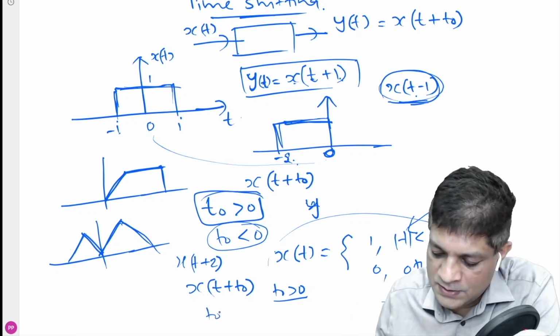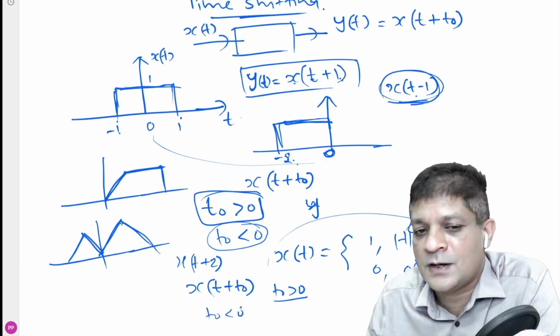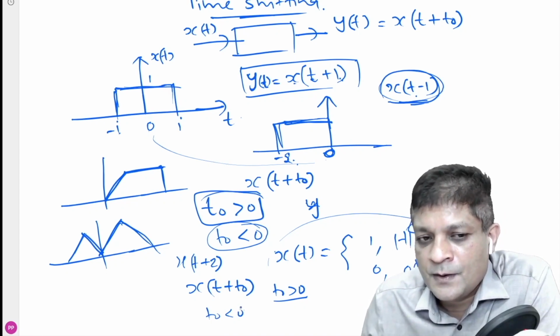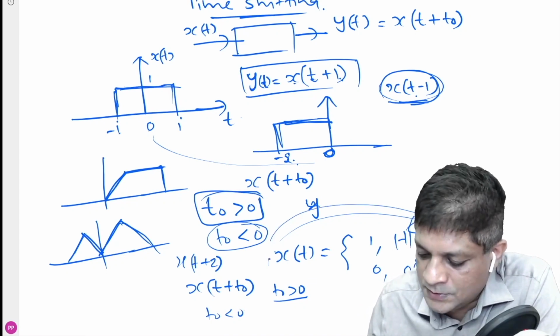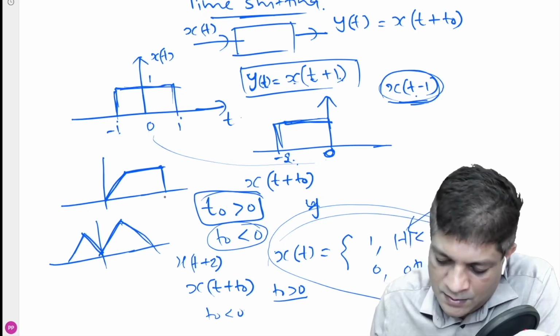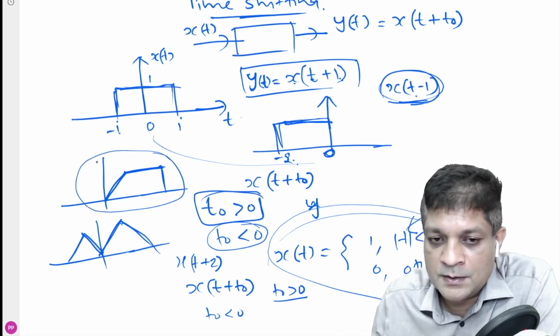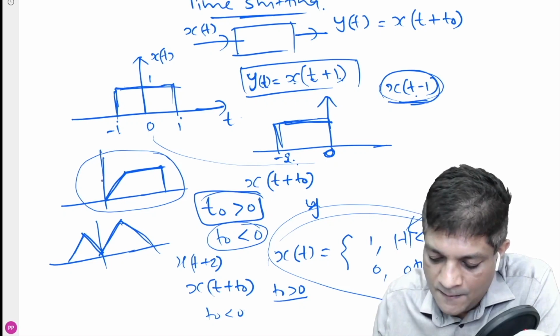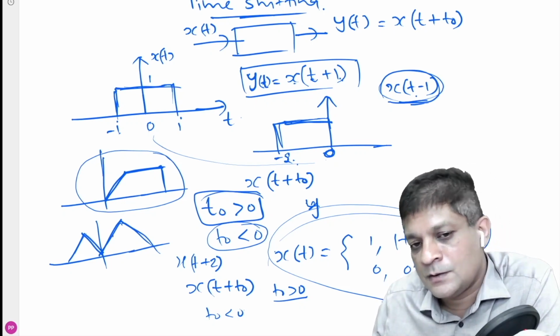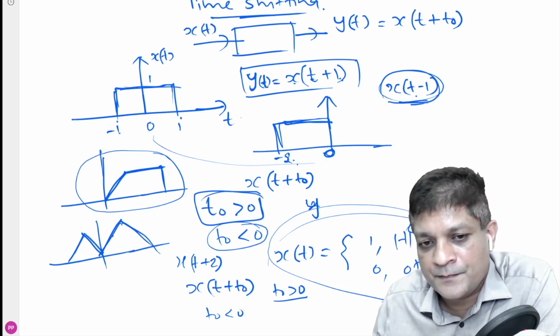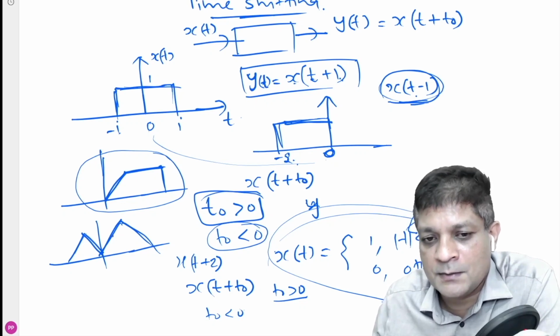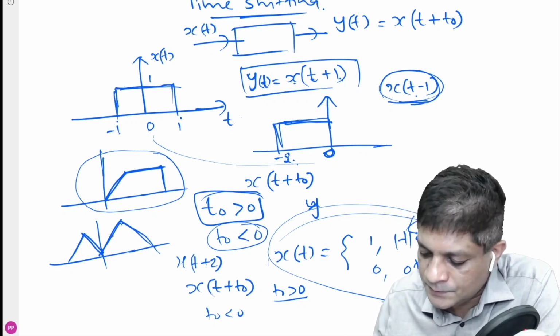And if t0 is less than 0, you are delaying the signal. Don't try to write these expressions; if you are given a signal, just shift that signal.